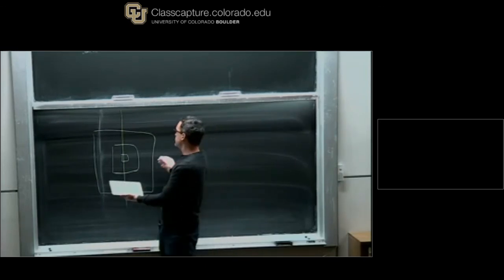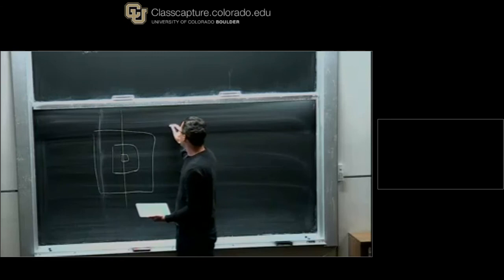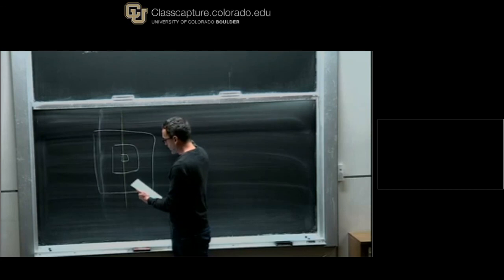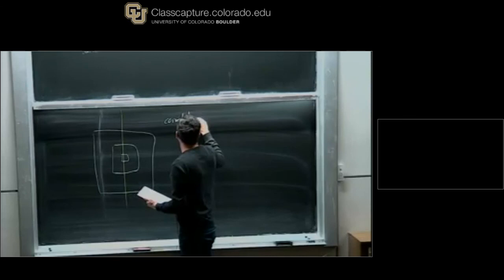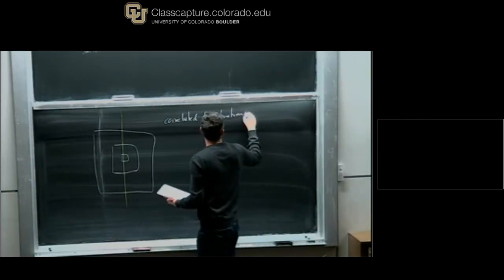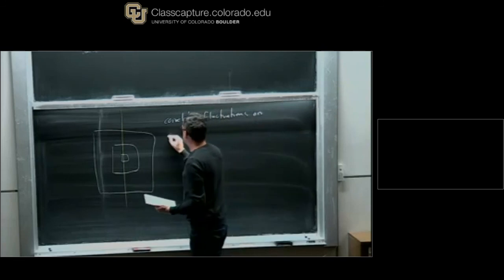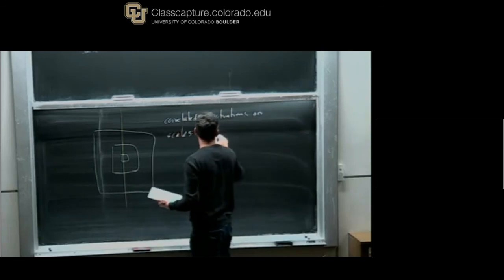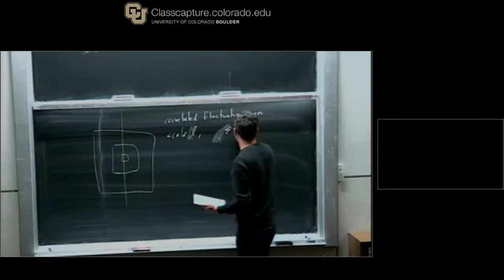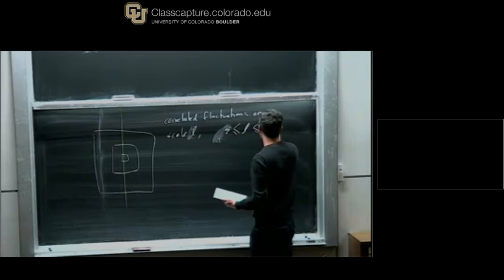Again, this is just a very rough estimate, but I want to claim that you have correlated fluctuations on scales L, where L goes from the lattice spacing up to the correlation length.